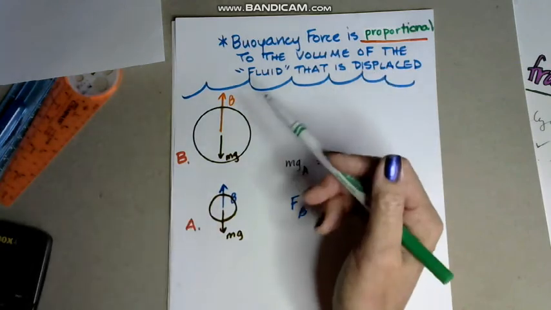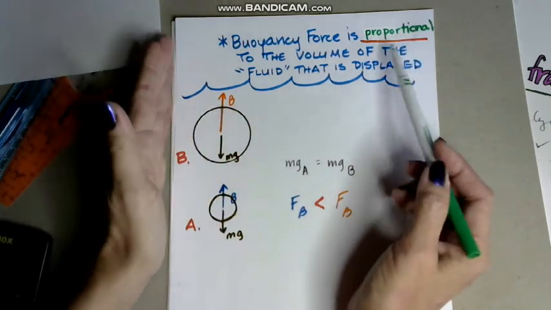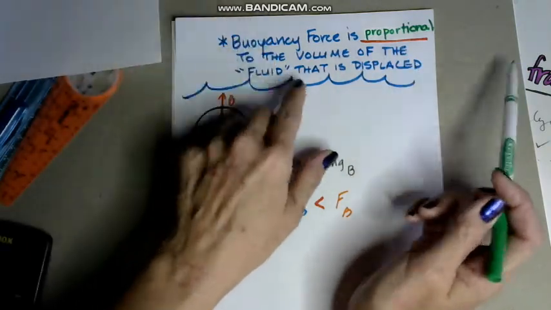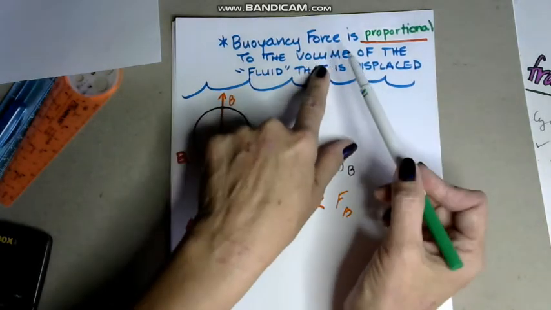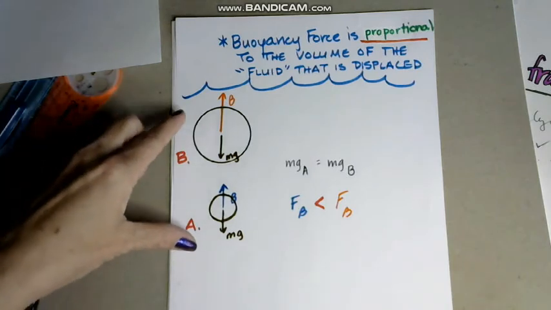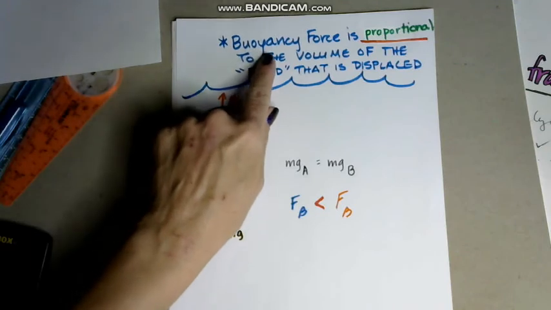It's not equal because volume is not a force. But the buoyancy force is actually equal to the mg, or the weight of the fluid that is displaced. The weight of the fluid, obviously, has to do with the volume of the fluid. The bigger the volume, the greater the buoyancy force.